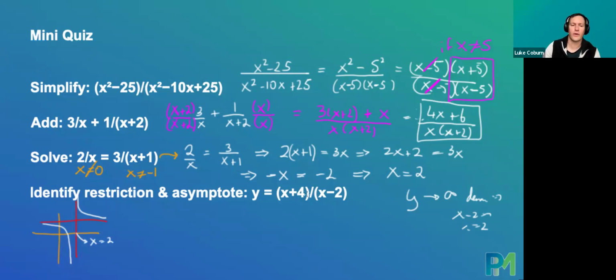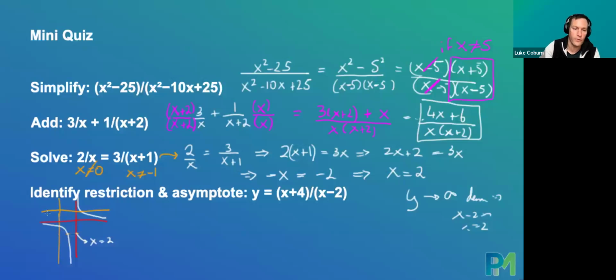And what about this one here? This one here is a little trickier to find. Sorry, I didn't intend for that to move my graph. We'll just do this one super quick. I'm not too sure if you're asked for this.